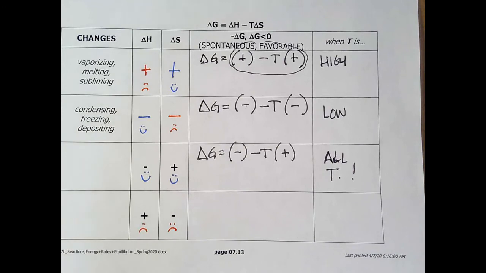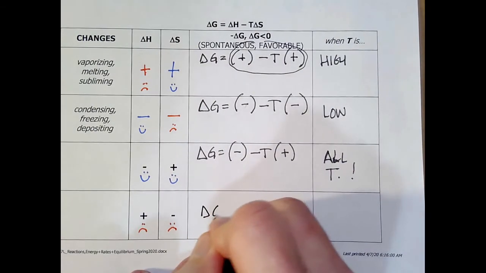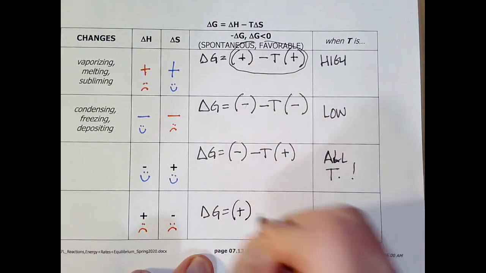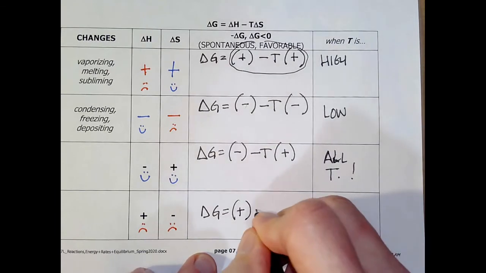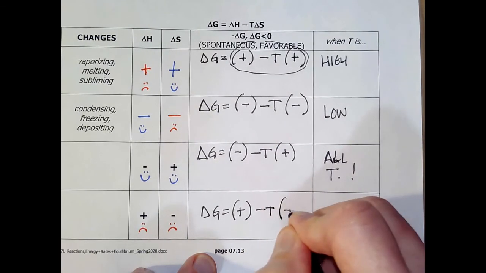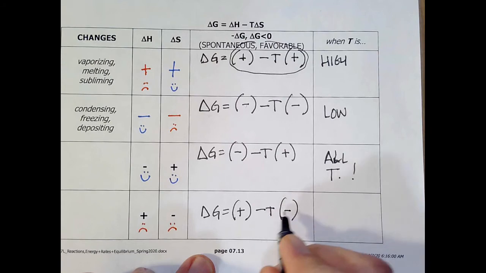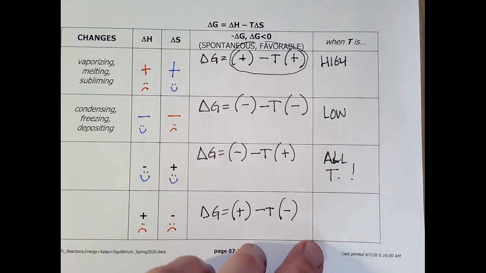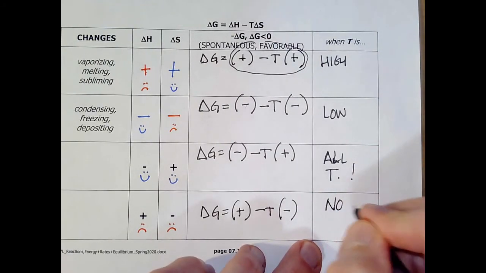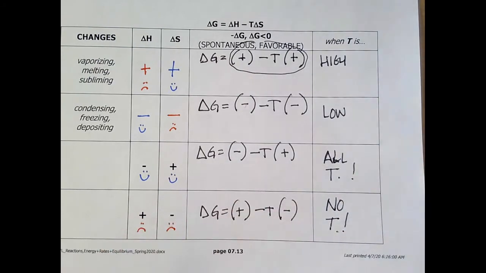Delta G equals a positive delta H minus T times a negative delta S. That becomes positive, that becomes positive. This is spontaneous at no temperature. Now, it doesn't mean it won't happen. It just means you can't put this together in a beaker, walk away, and it happens. You've got to do something else to make it happen.